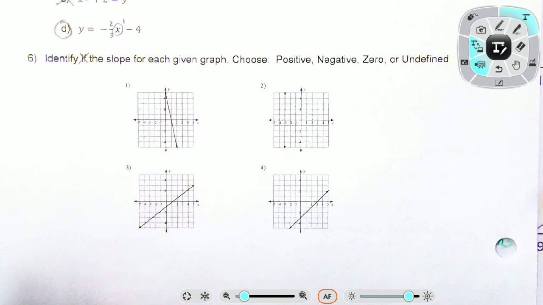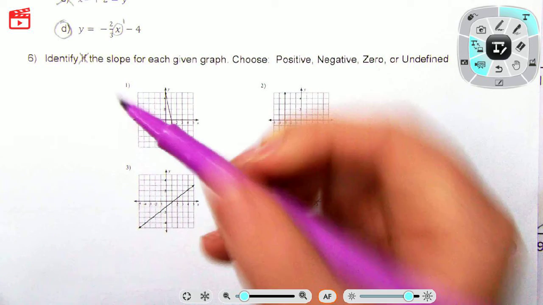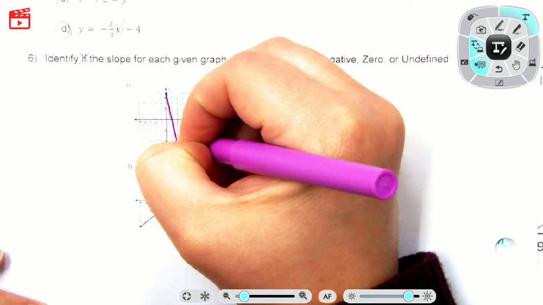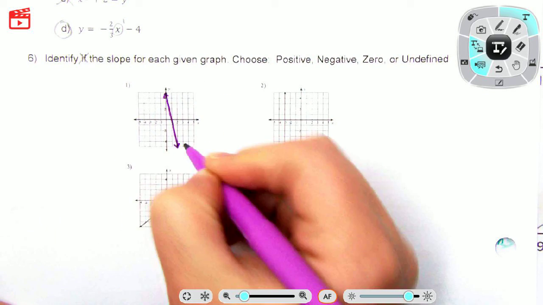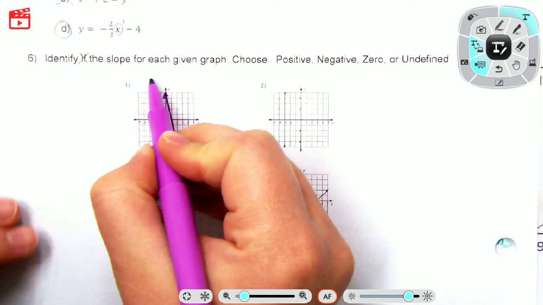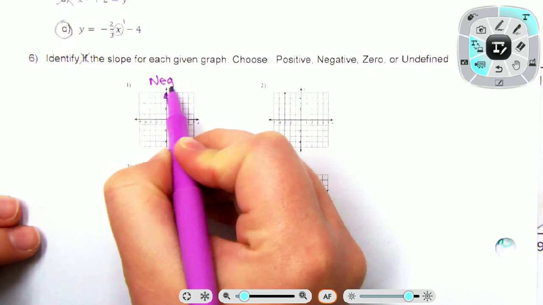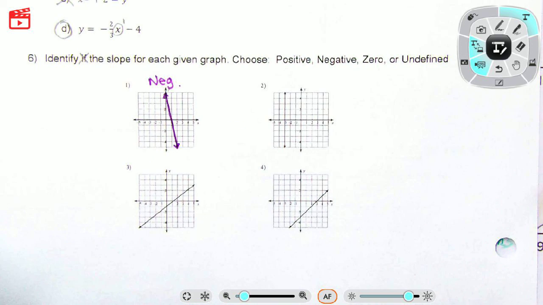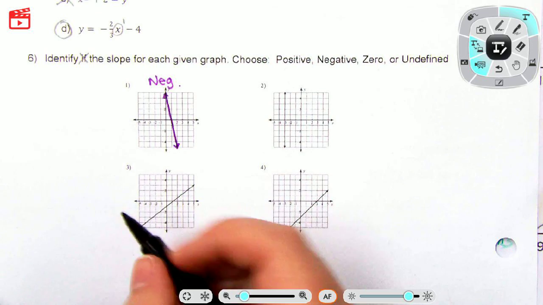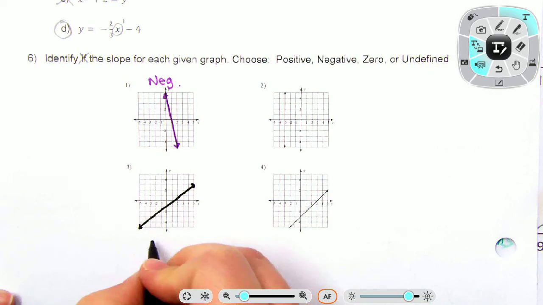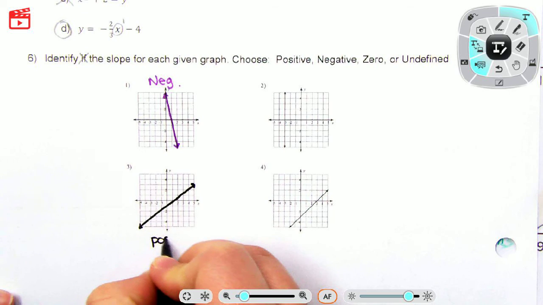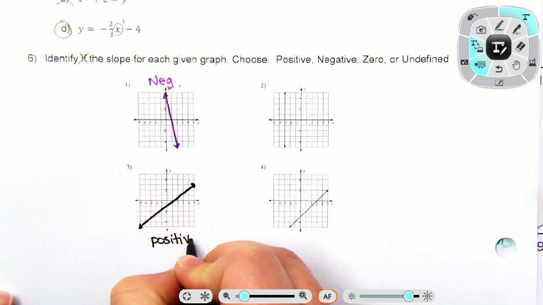Okay. So if you are going down a hill, if your line is going down a hill, you are decreasing. So we're going to say negative. If you are going up a hill, that means you are increasing, and that is positive.